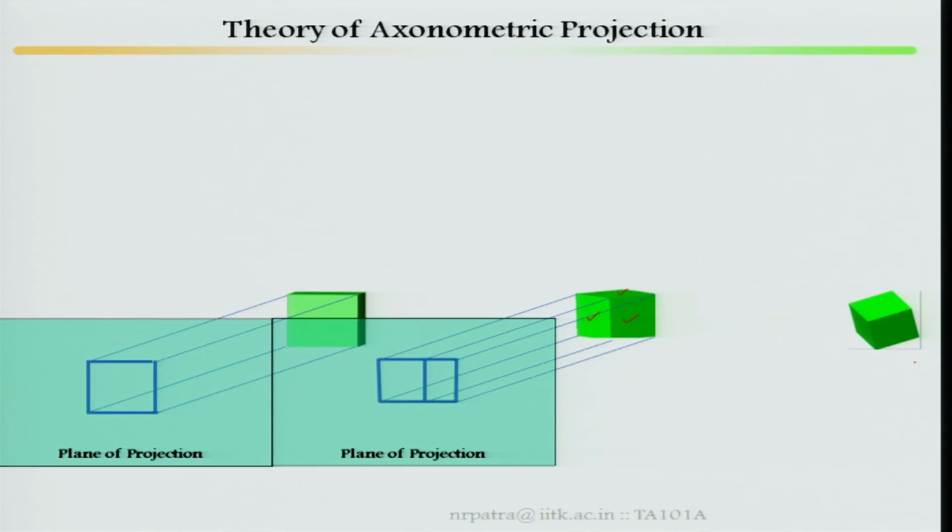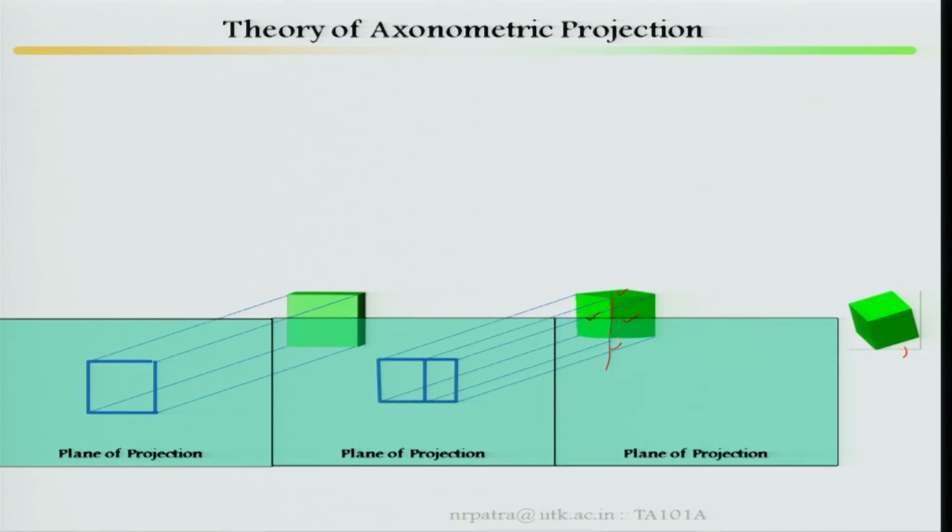There are two differences. Here the same object has been rotated with respect to the vertical axis, here it has been rotated with respect to your side profile plane. Now mark the difference.